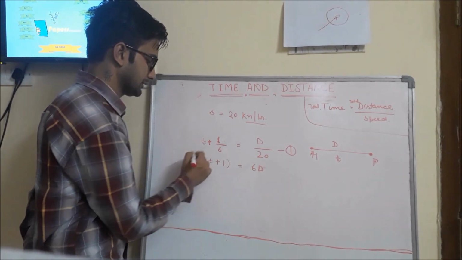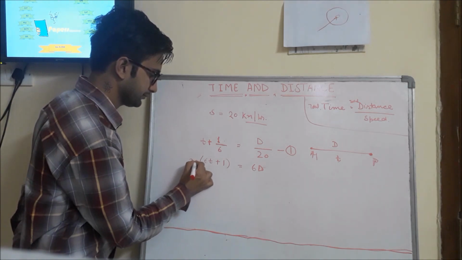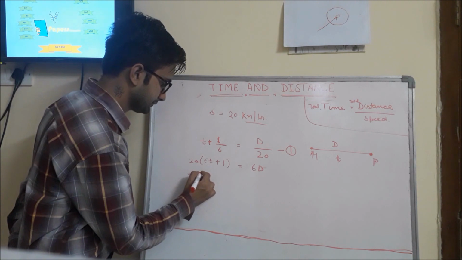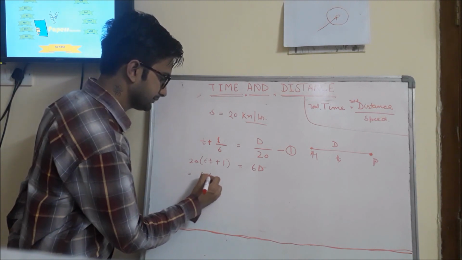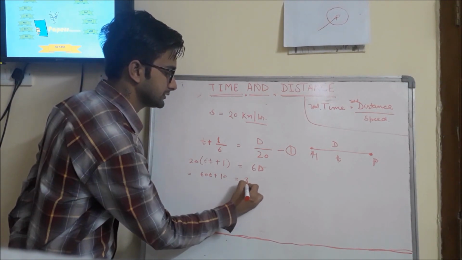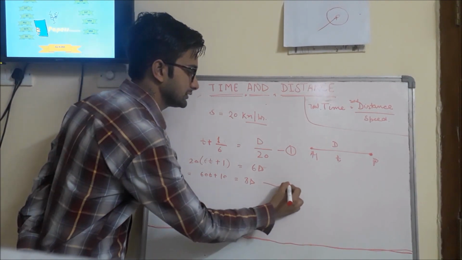Or we can cut it down, and after solving this we will get the final equation as 60t plus 10 is equal to thrice of d.